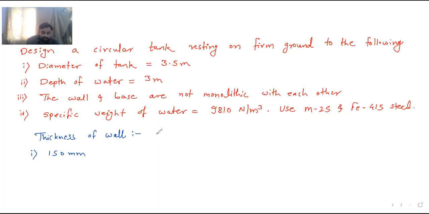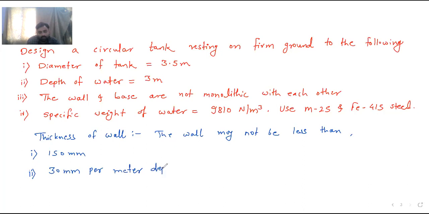I will write here: the wall should not be less than, first criteria, 150 mm, and second is 30 mm per meter depth plus 50 mm.